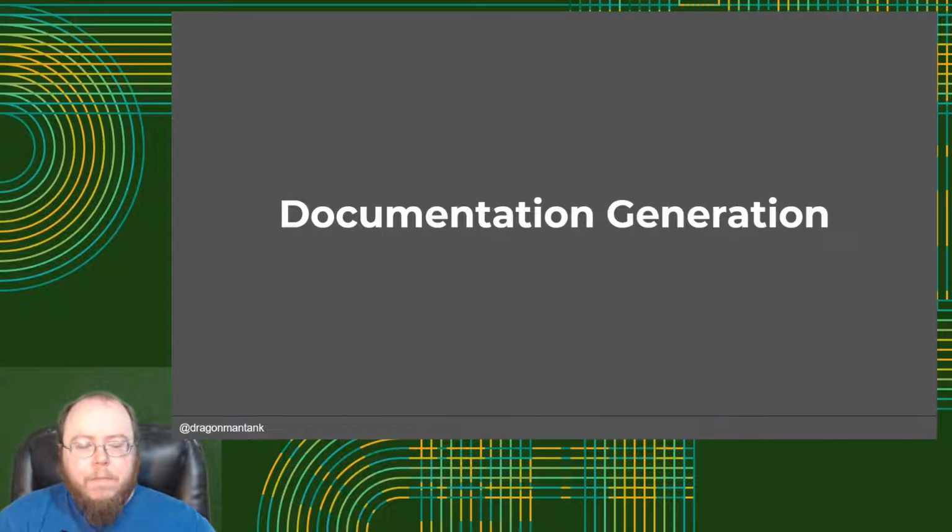Out of the gate, what most people use OpenAPI for is documentation generation. And this comes twofold. When you write out your OpenAPI spec, you automatically get documentation. The specification is very verbose, to a good part and a fault sometimes, but you end up with a nice little document that describes everything that's going on.